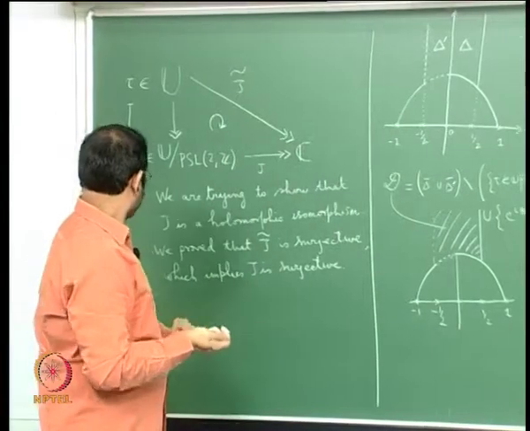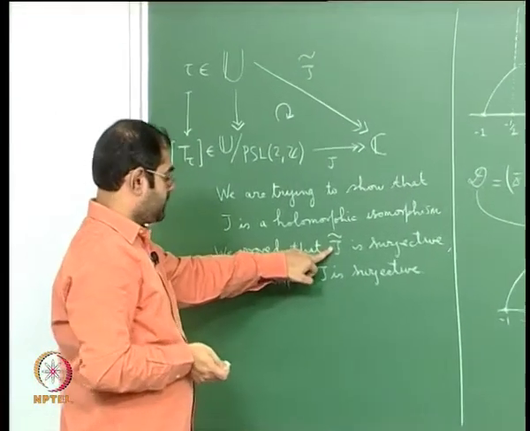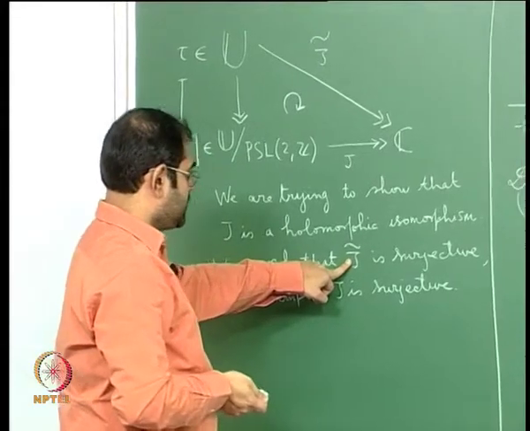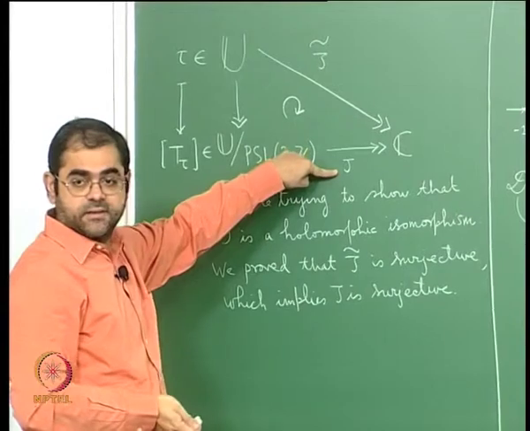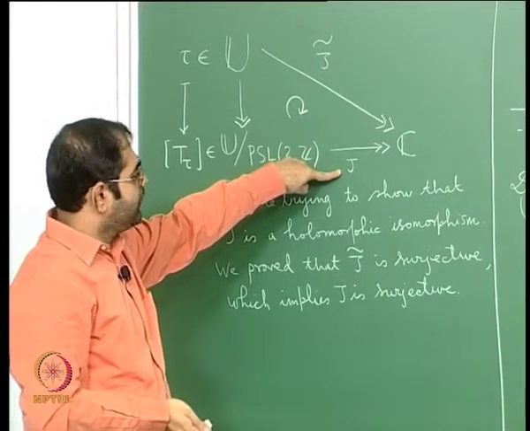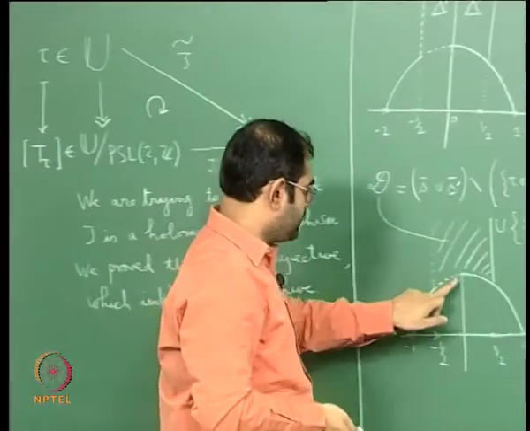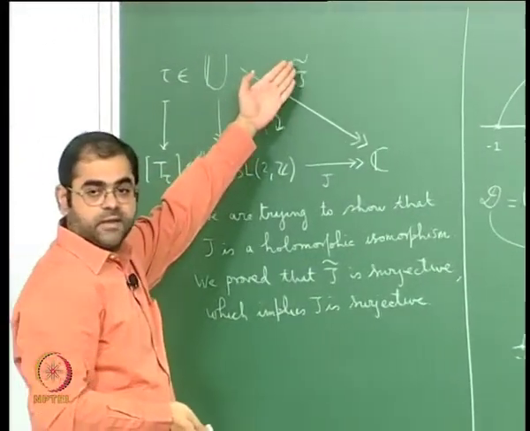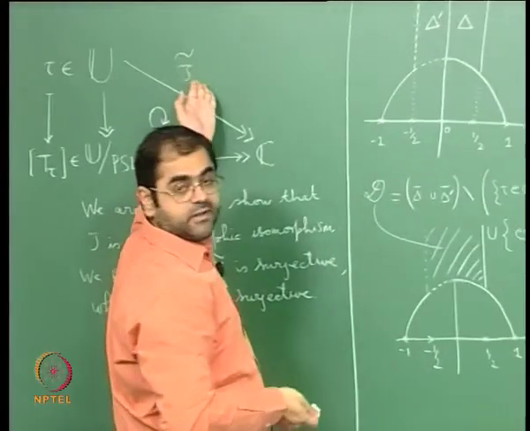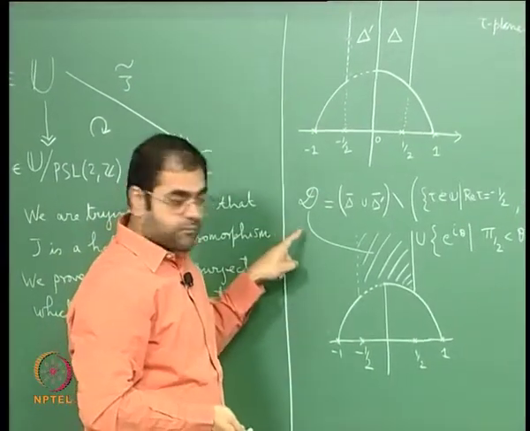So what I was trying to tell last time is that proving the injectivity of J is more difficult, okay. I said that the first thing is to show the injectivity of J tilde, in fact the bijectivity of J tilde when restricted to D, okay.